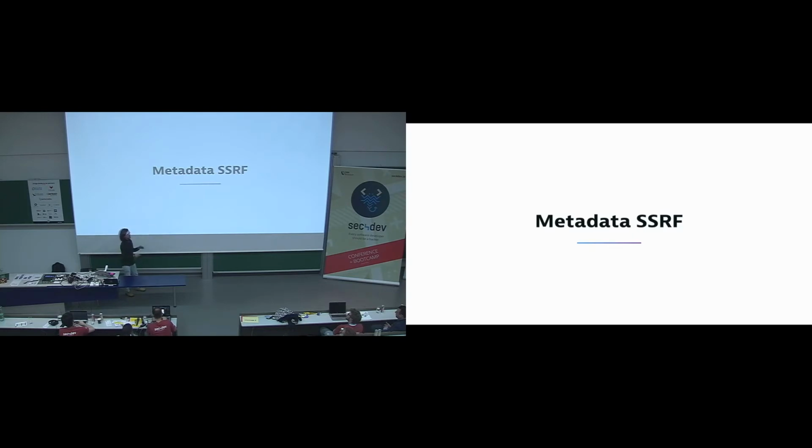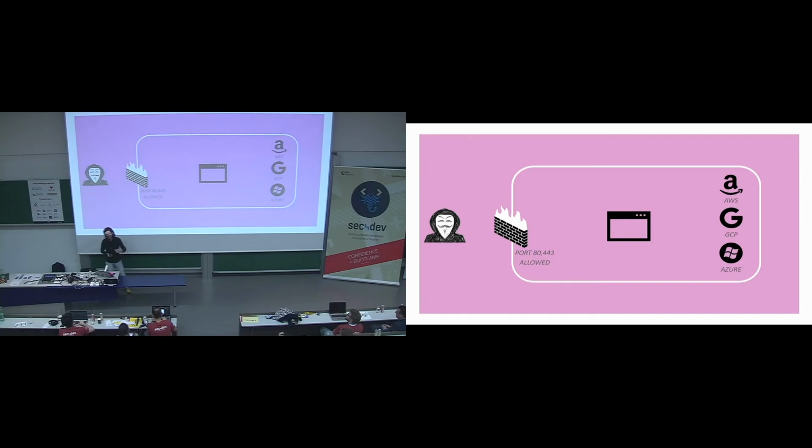Metadata SSRF, let's break them up pretty quickly into two parts. So metadata, I'm speaking of cloud service provider metadata APIs. What that means is AWS, GCP, Azure, they all have metadata APIs, and you can query them to get some information. So that's the metadata API part. What is a server-side request forgery?